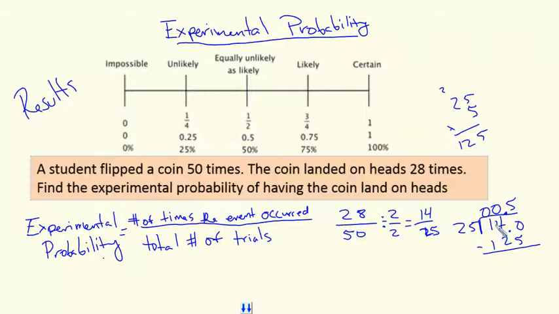We subtract, we regroup, we add a 0. 25 goes into 150 6 times. 6 times 25 is 150.